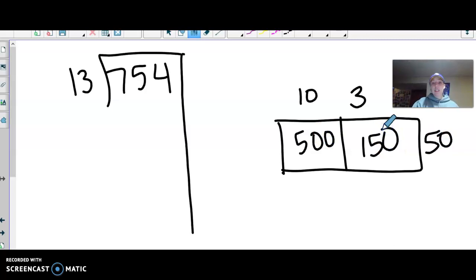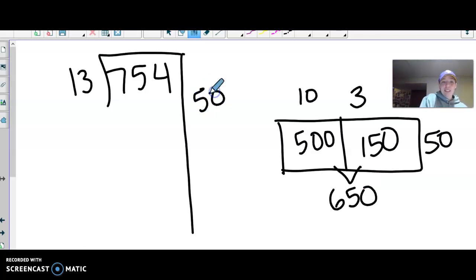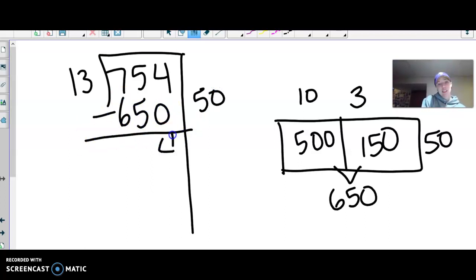I know that's going to at least be closer than just doing 10 groups. So 650. All right, 50 groups. That's 650. Notice just adding the 0 makes it nice and easy.